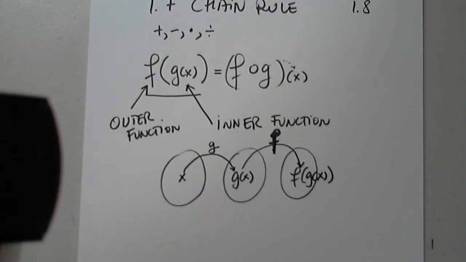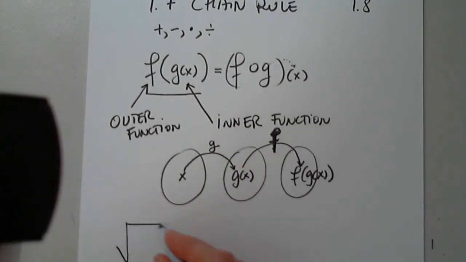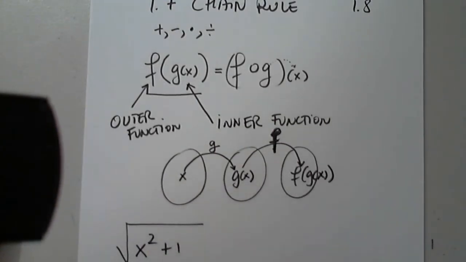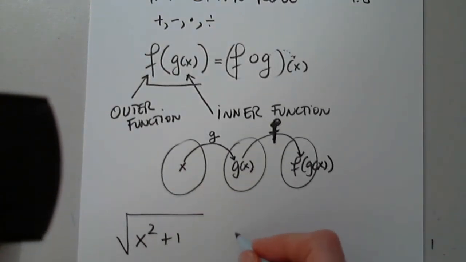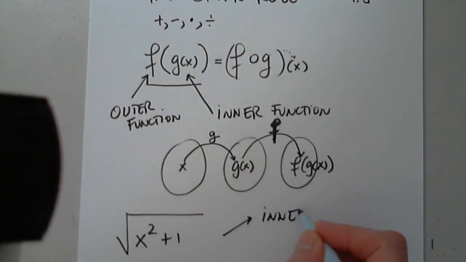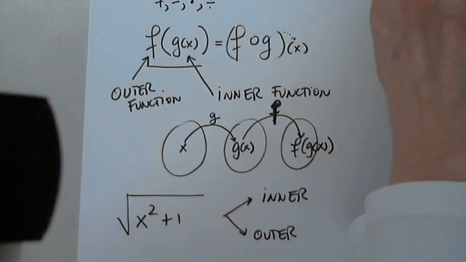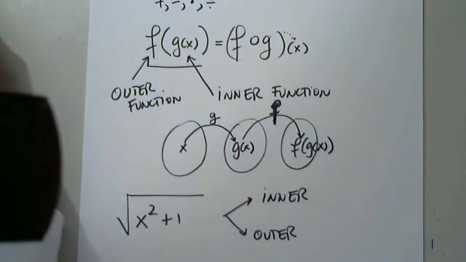Examples, almost everything. Here's an example. The square root of x squared plus 1. Can anyone give us what is the inner and what is the outer function for this? Is anyone with me?